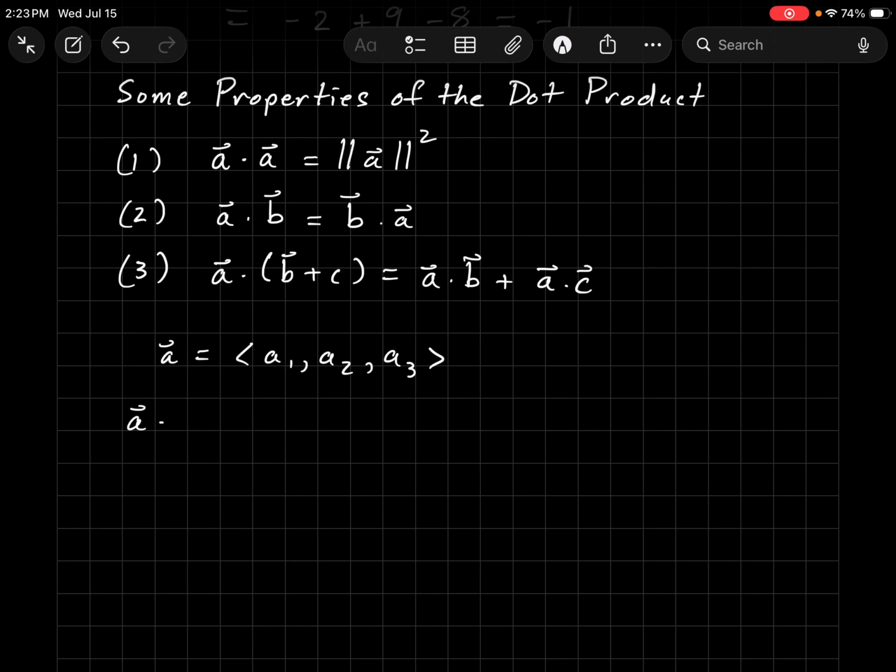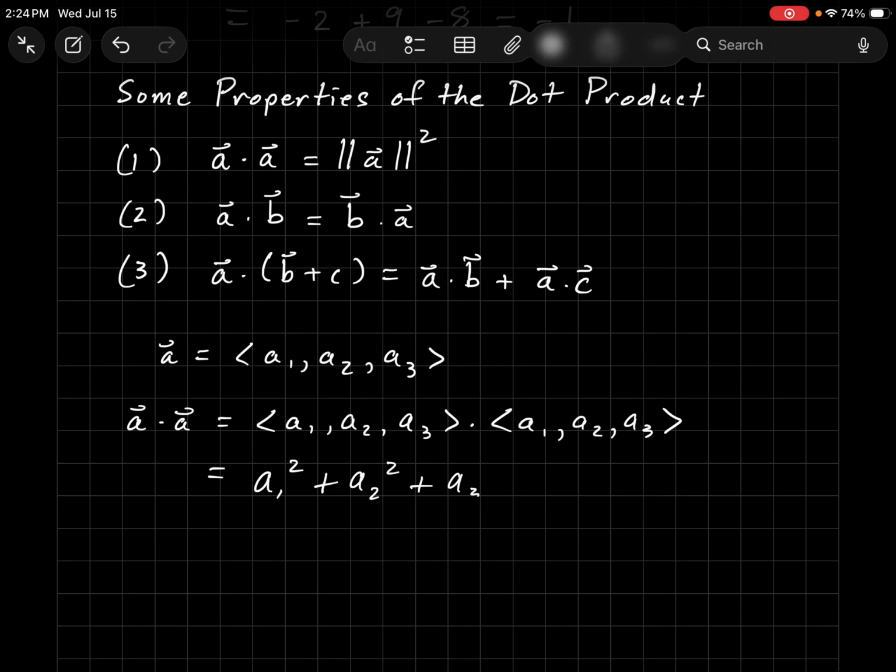Then A dot A is A1, A2, A3 dot itself, A1, A2, A3. And then we multiply like terms, so the x's get multiplied together, A1 squared. And then we add and multiply the y terms together, A2 squared. Add, multiply the z terms together, plus A3 squared.